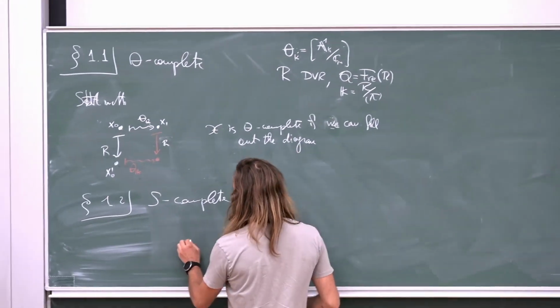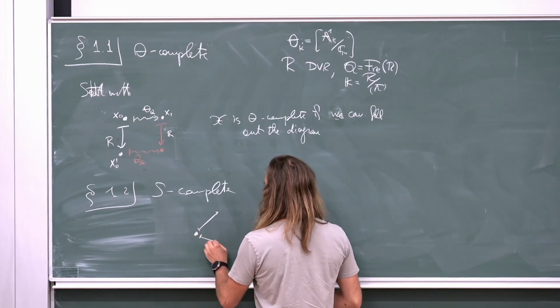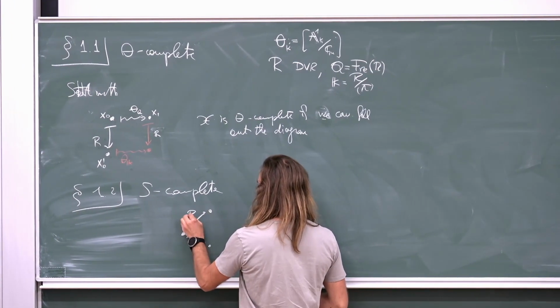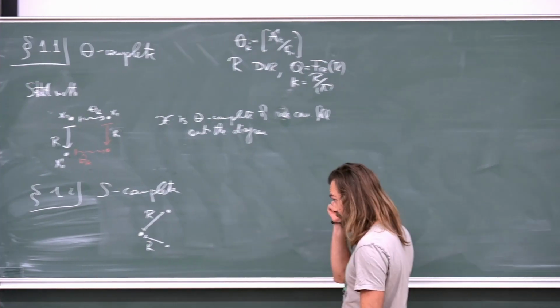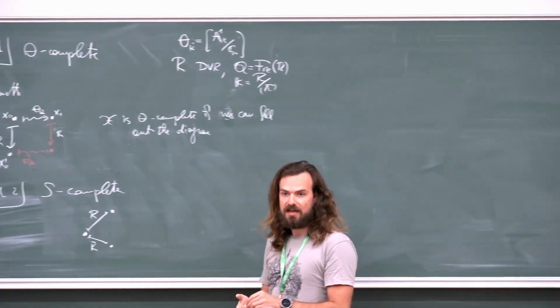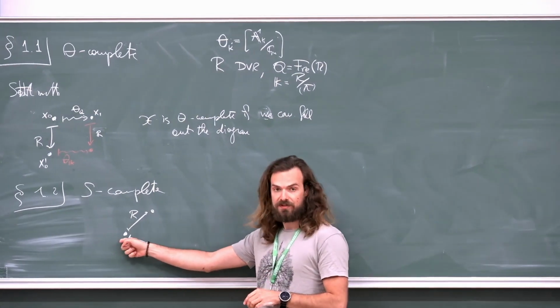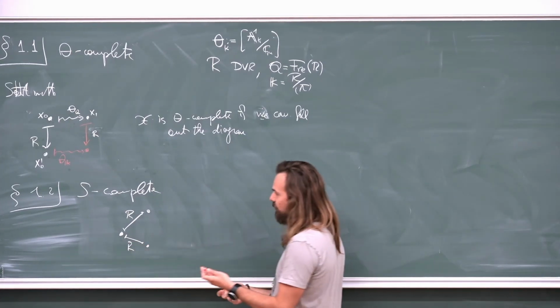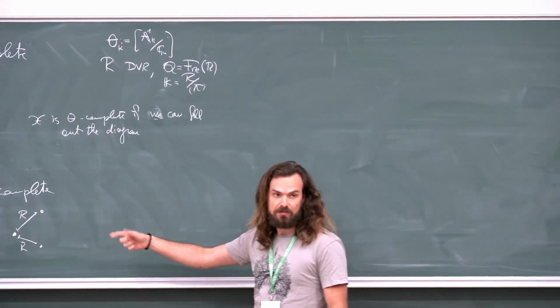S complete is more like your standard separatedness condition. So you start with two degenerations over the same DVR, and they coincide at the level of the generic point. And of course, if the stack was separated, these two would be the same, just by definition.